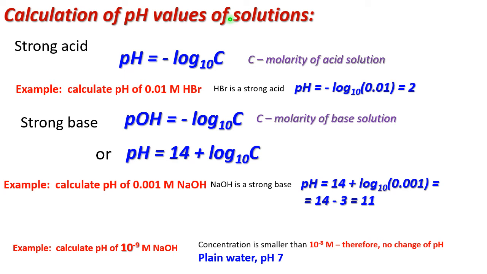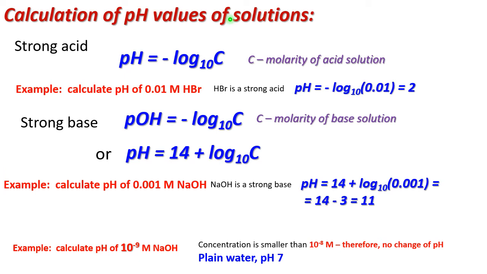Because all molecules of acids are making an equivalent number of protons. So the total concentration of protons is equal to the starting molarity. For example, let's calculate pH of 0.01 molar HBr. HBr is a strong acid.